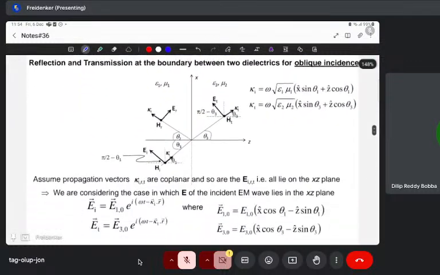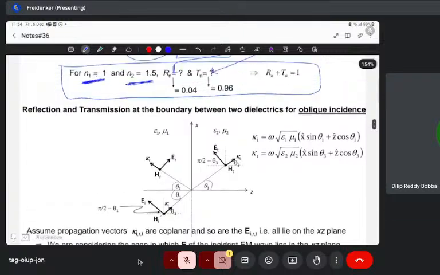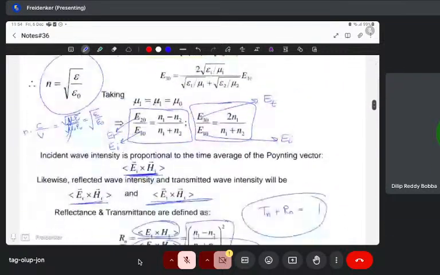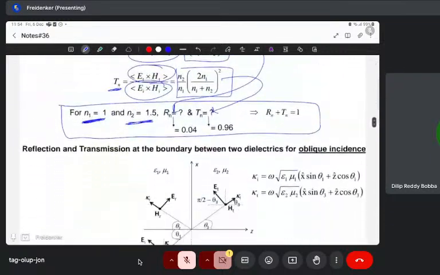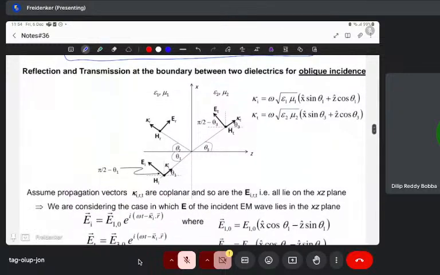Okay, now interesting things. Previously it was incident normally, in the sense at 90 degrees. Now oblique incidence, so not 90 degrees, some angle. The first time I looked at this, I thought just break it into components, then you'll get normal incidence, and the other part you can just ignore.